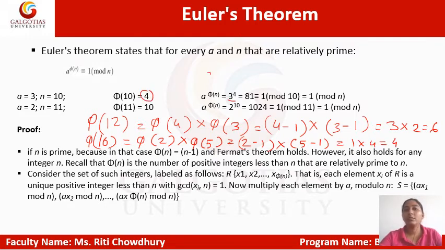Now a to the power 4, that is 3 to the power 4, is equal to 1 mod n, that is 10. So this will be definite. From that we can identify any number and test whether the number is prime or not. If I get this result as 1, I can be sure that this will be a prime number.